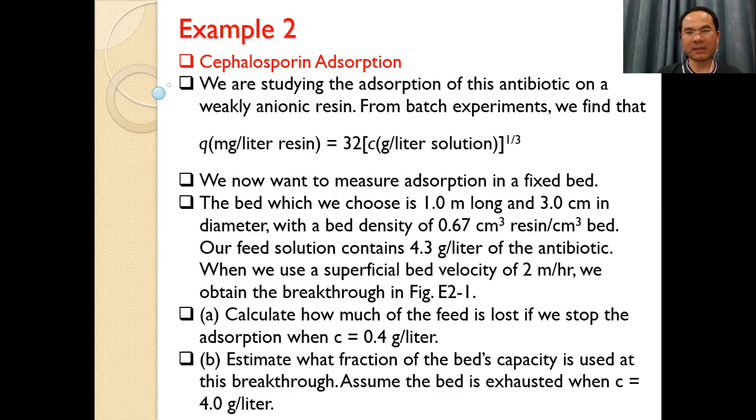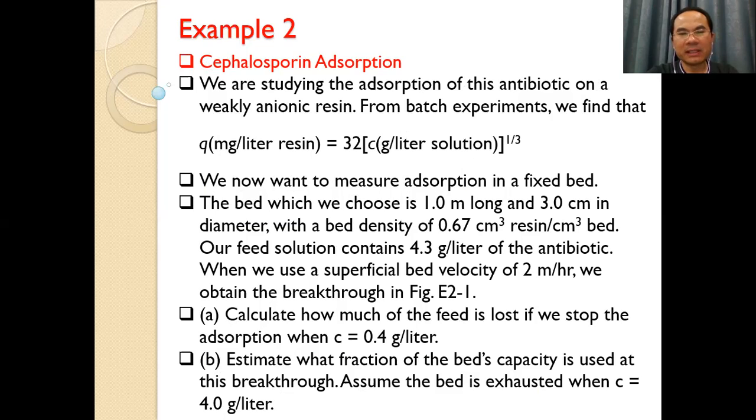The second example, cephalosporin adsorption. For this case, we will adsorb the antibiotic cephalosporin using a weakly ionic resin. We use the resin to adsorb the antibiotic.